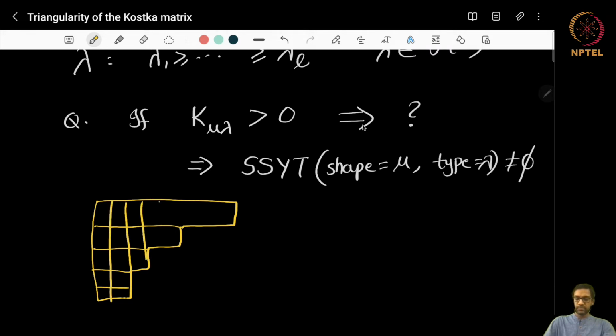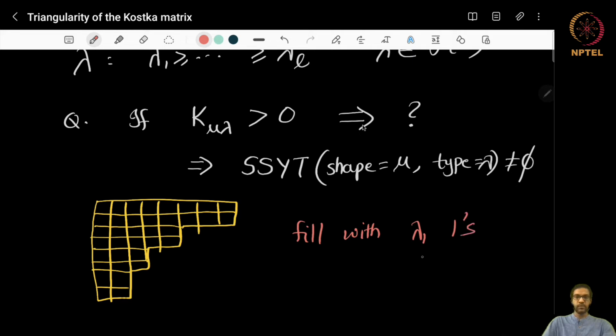When you say the content is lambda, that just means you have to fill the boxes with lambda_1 1s, lambda_2 2s, and so on.